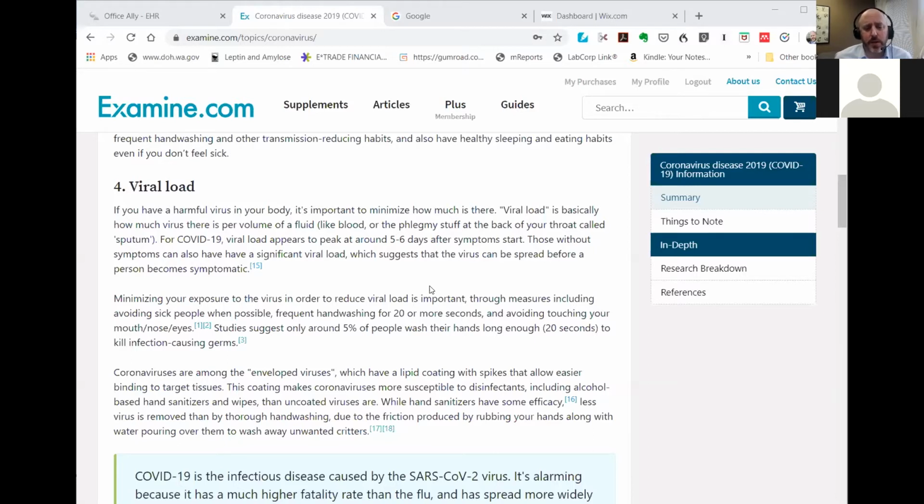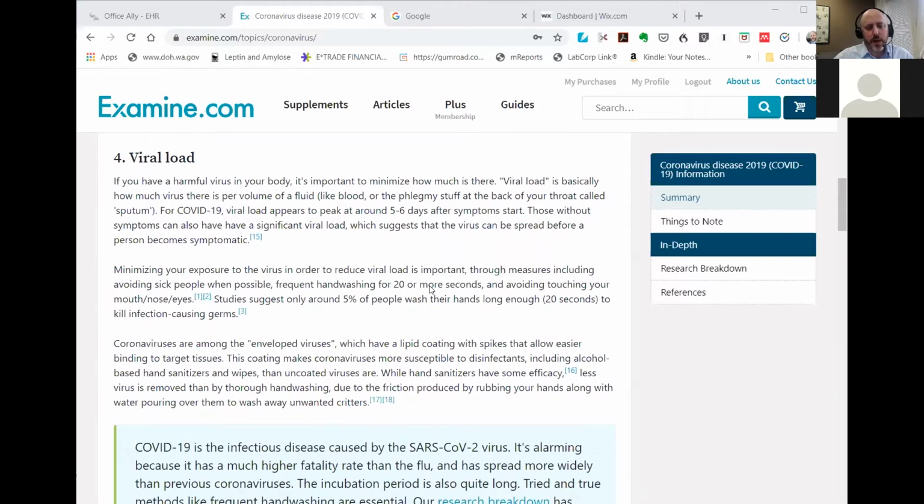So you can use those with some efficacy, but soap is best because it has an emulsifying effect that knocks the critters off your hands. Because of the little spikes that they have, things that we can do to prevent viral binding are really important.